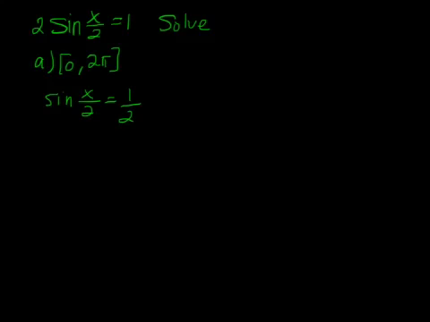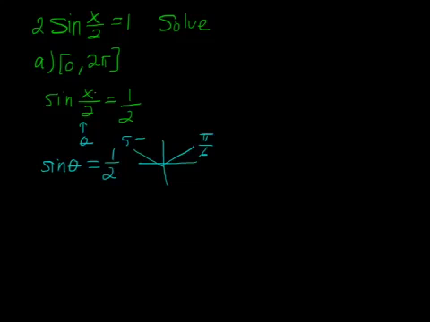Alright, so at this point, I look at this as being theta, okay? So just bear with me for a second. So we know that sine of theta is equal to 1/2 at these two values, when theta is equal to pi over 6 and when theta is equal to 5 pi over 6.